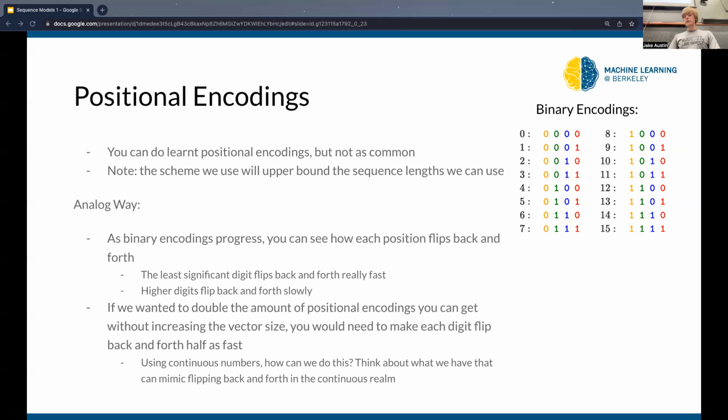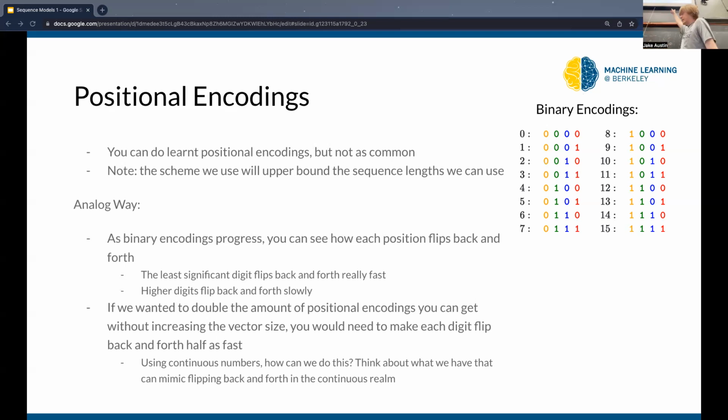That's the intuition for why we'd like to do something that isn't binary. And the question is, is there a continuous analog of this, so that given only a length 4 vector, can we somehow encode 32 or 64 or 128 different positions into something that small?